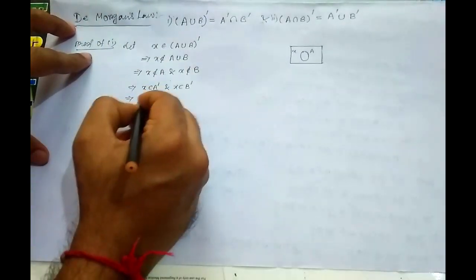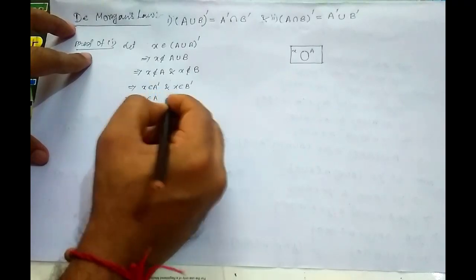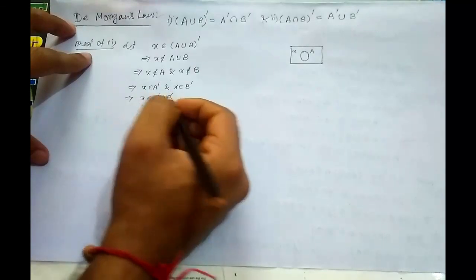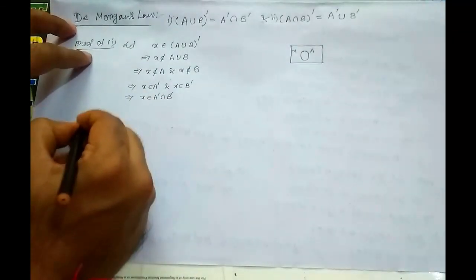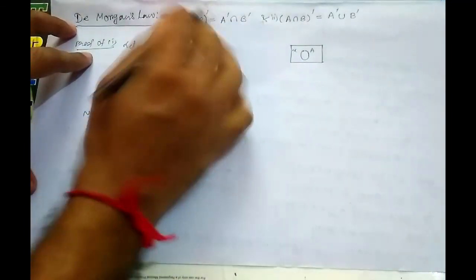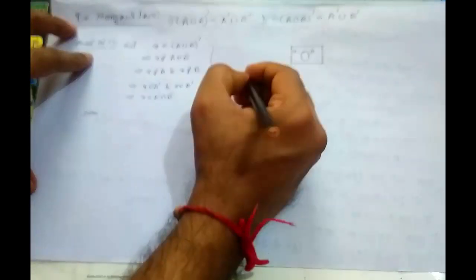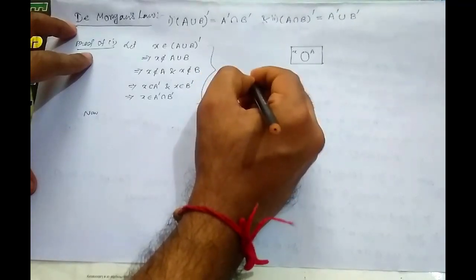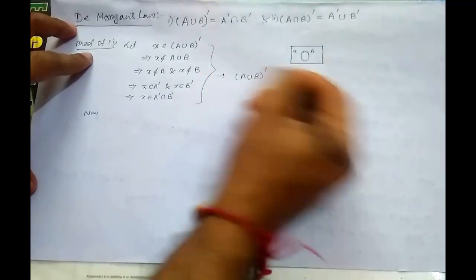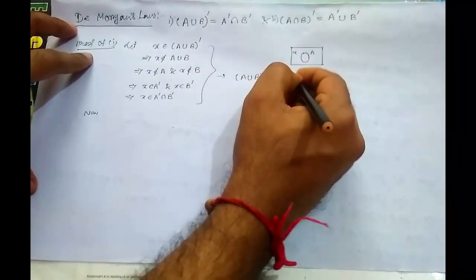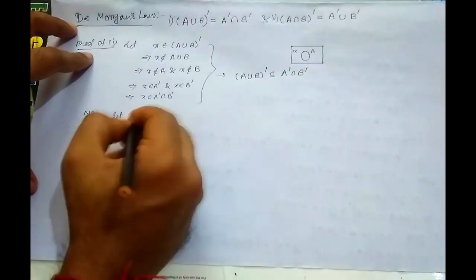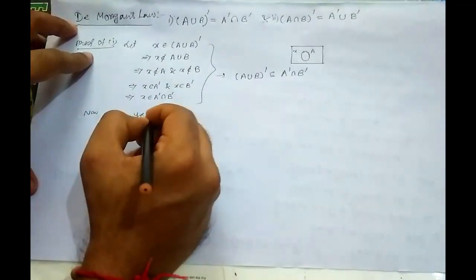This implies X belongs to this. Okay, now so from these steps we have this subset of this.